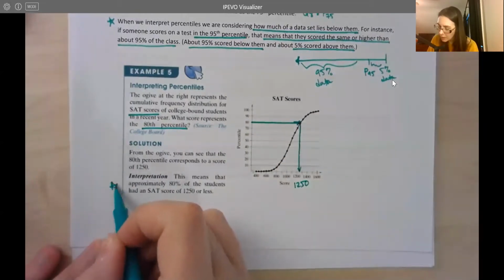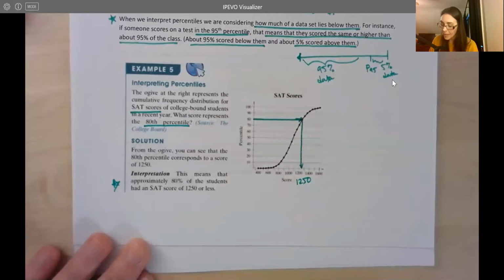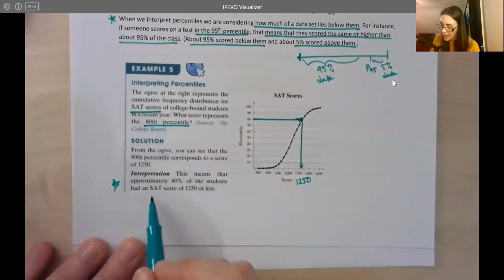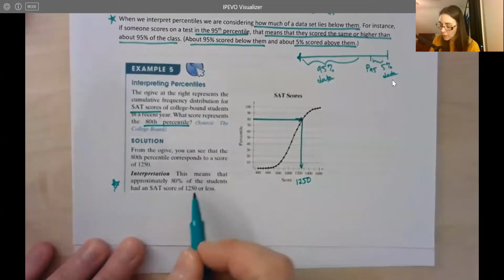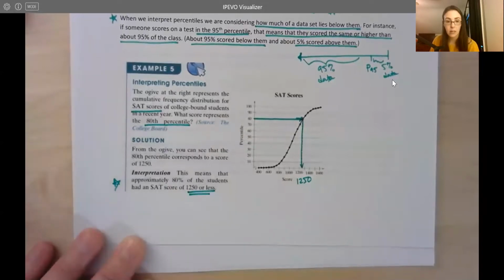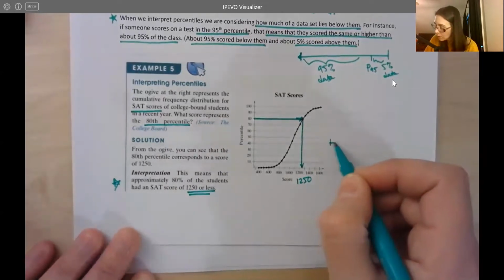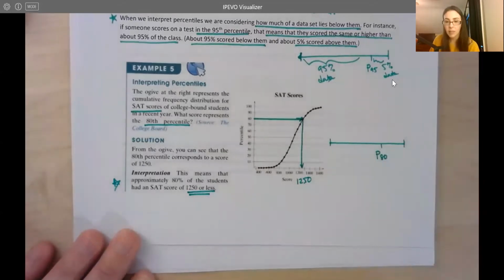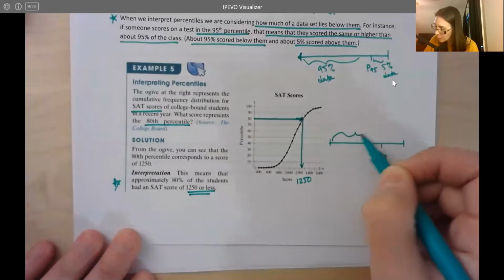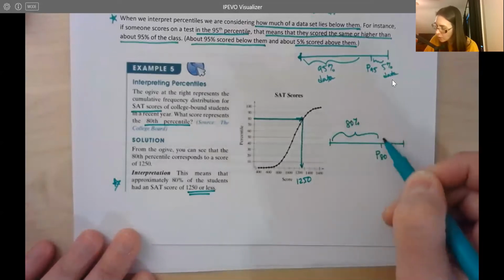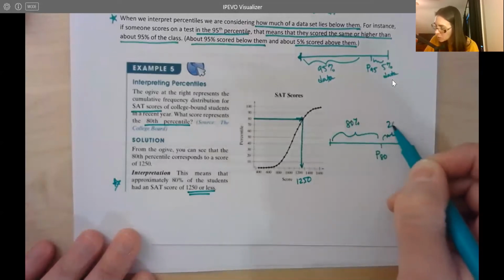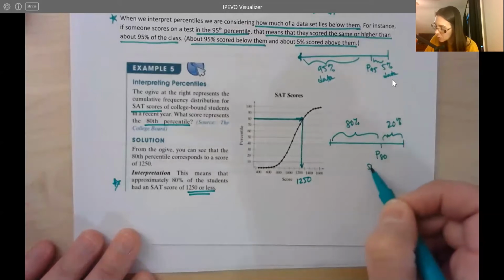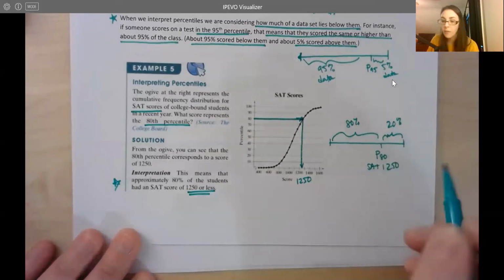So what does this mean? It means that approximately 80% of the students had an SAT score of 1250 or less, right? So here's our 80th percentile. So that means 80% scored below and 20% scored above, and that SAT score here was at 1250.